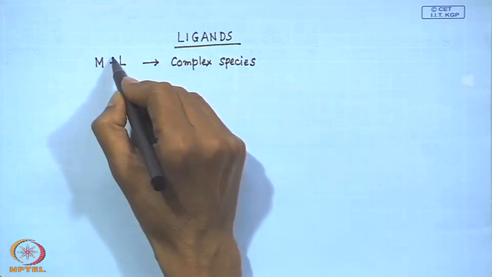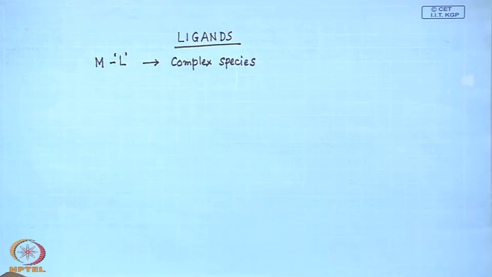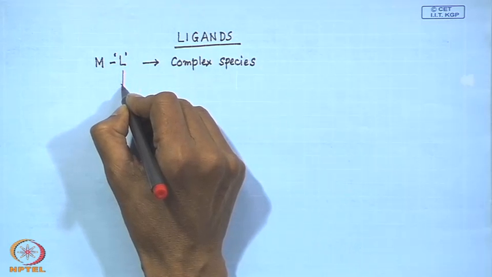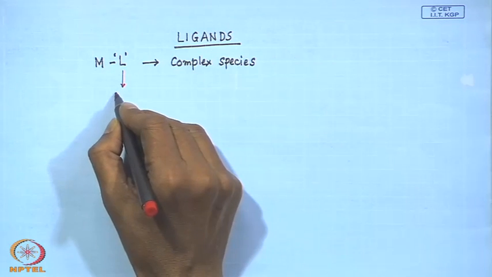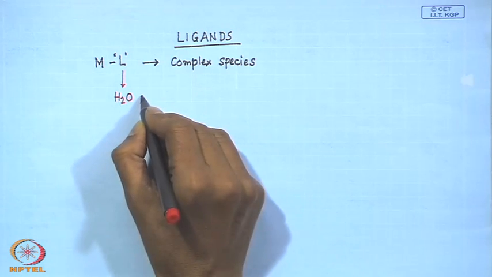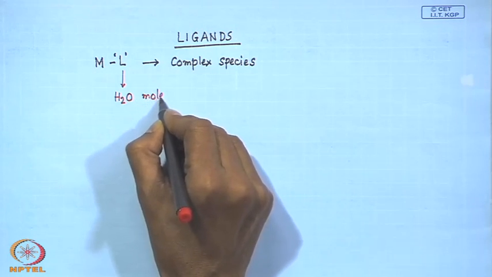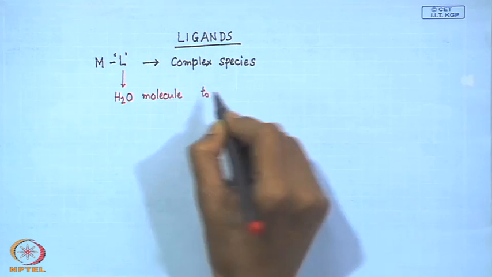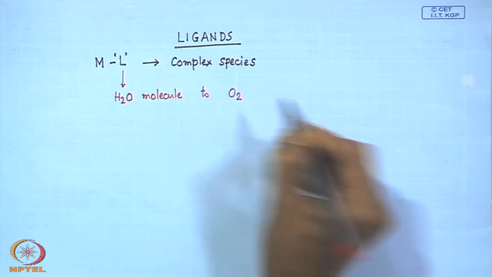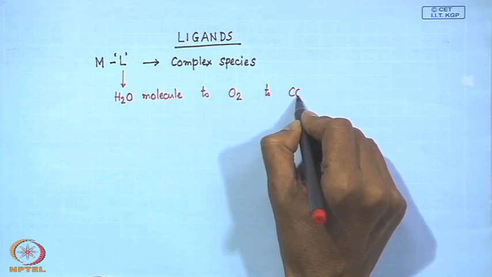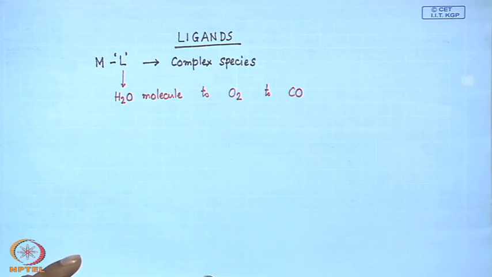So, what are the different types of ligands we can have in our hand? It can be the simple water molecule, to gaseous oxygen, to the most toxic gas, carbon monoxide.